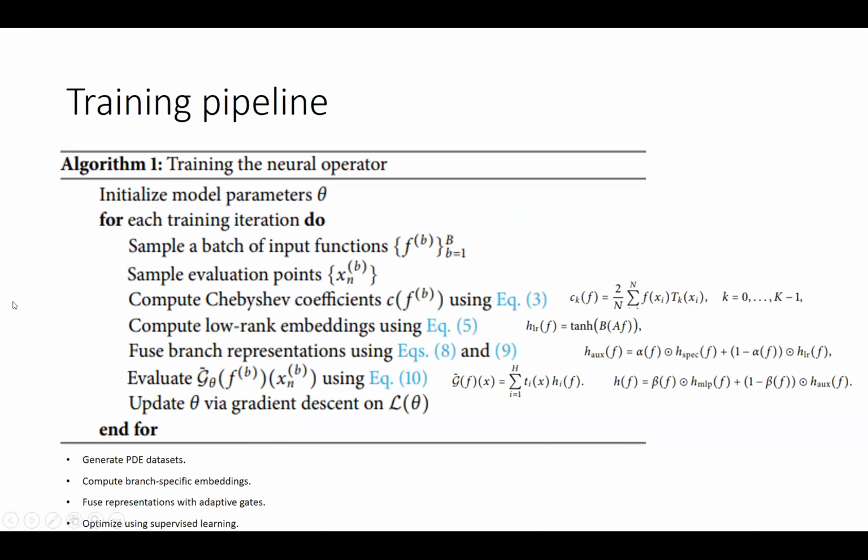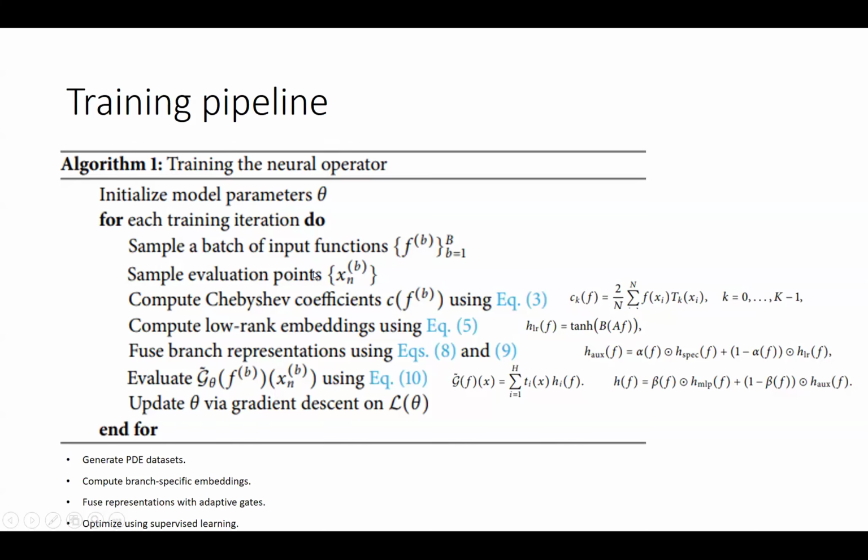So let's review the step-by-step training pipeline. It's pretty simple and classical. There's nothing new. First, we initialize our model parameters theta. Then we start our training loop. In each iteration, we sample a mini-batch of discrete input functions from generated PDE datasets.